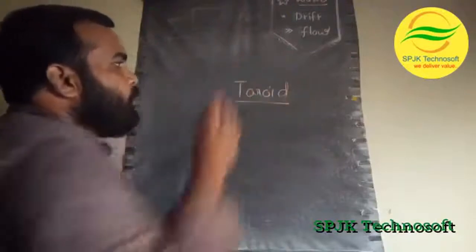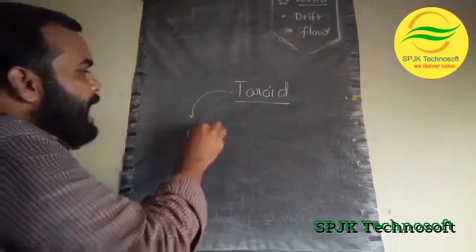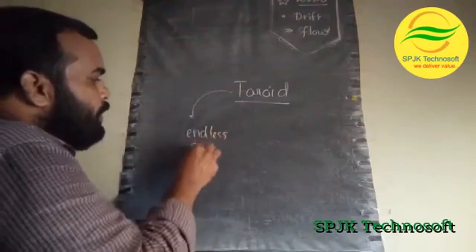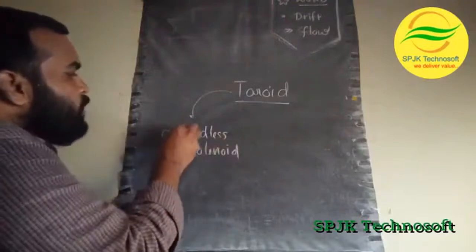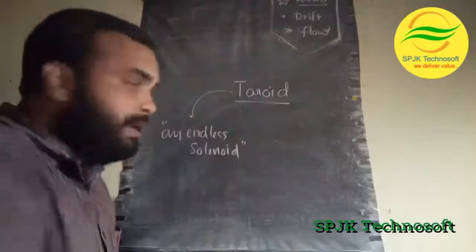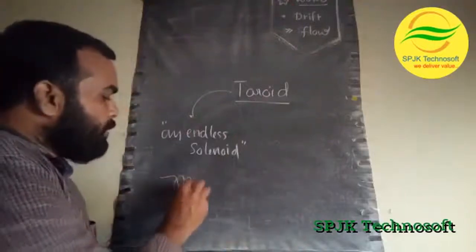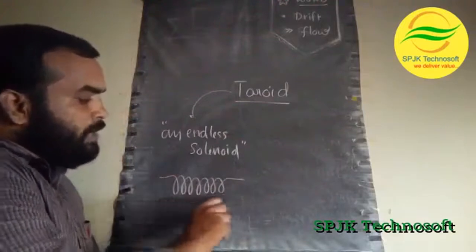Toroid. What is toroid? Simply we can define a toroid as an endless solenoid. What is the meaning of an endless solenoid? We know that a solenoid is nothing but a current carrying wire wound in a spring shape.